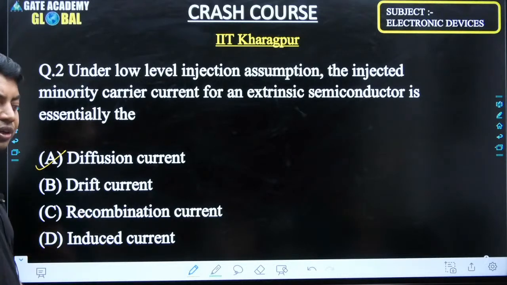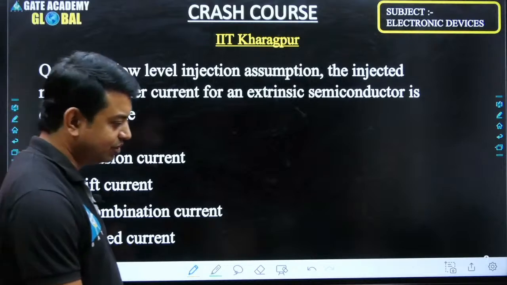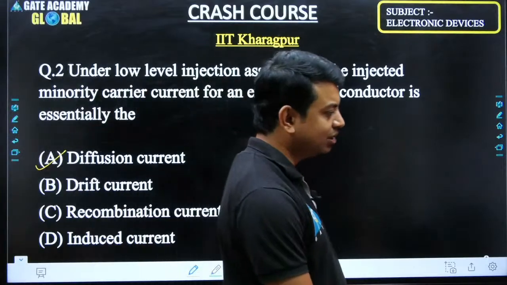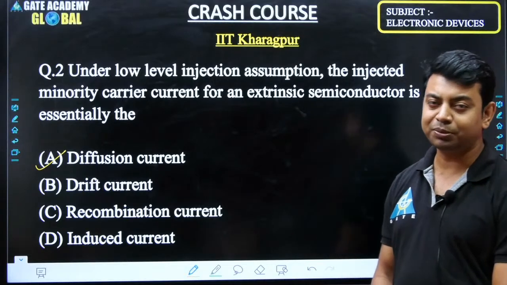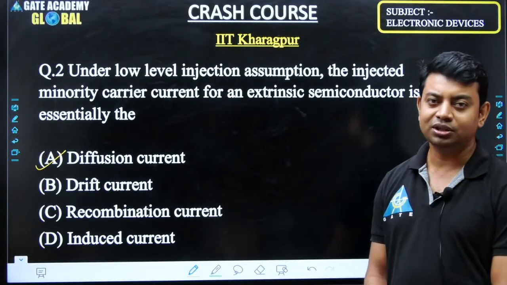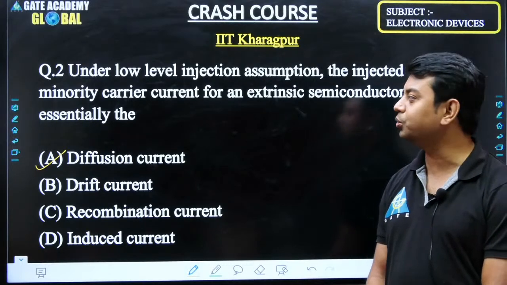We know what drift current is. Drift current is the current due to the presence of an electric field. But here we are not applying any electric field, because the charge carriers have been generated due to illumination of light.